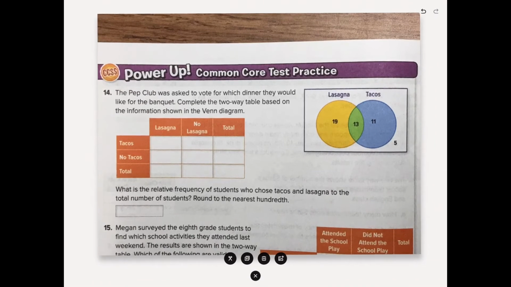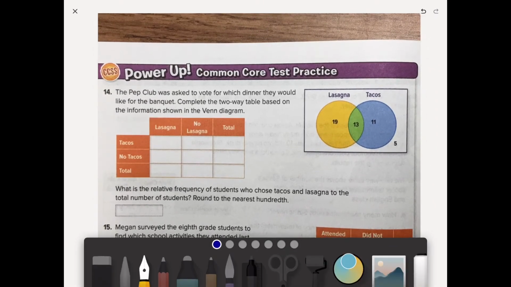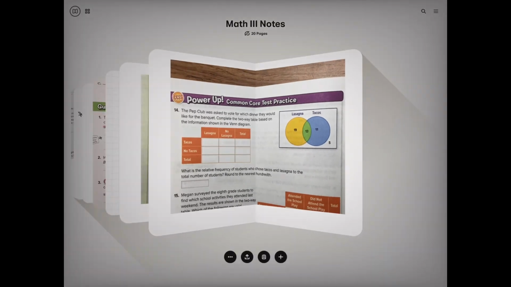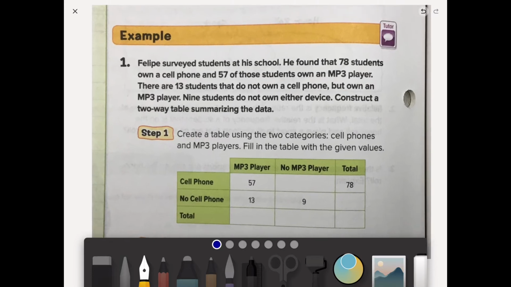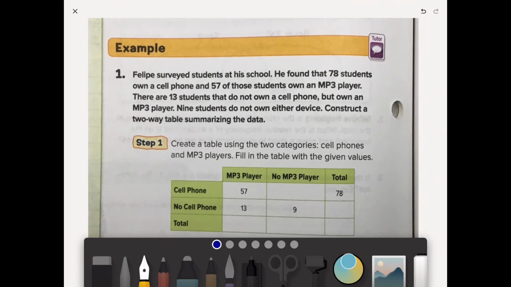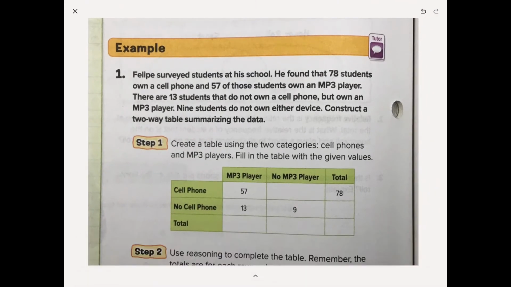So for the past few weeks in Math 3, we have been looking at statistics, data sets, and lines of best fit. And in particular now, we're interested in trying to understand the relationship between two different data sets, all in one table.